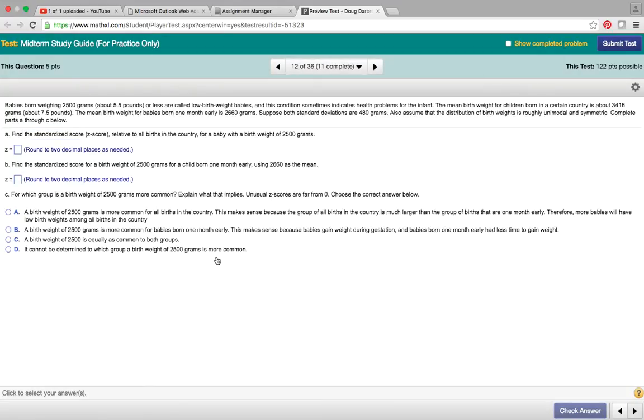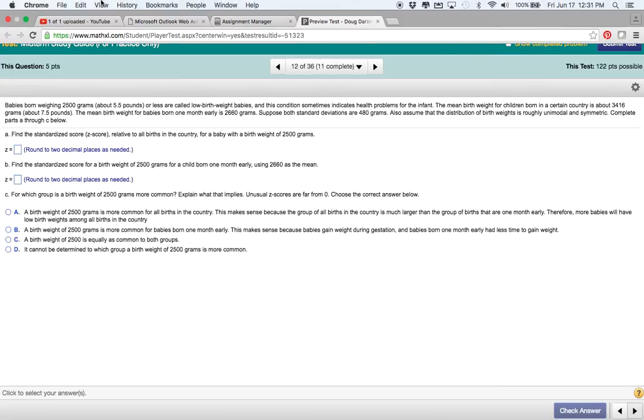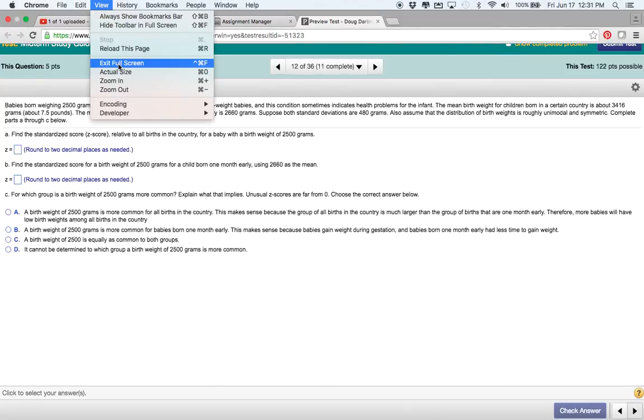So babies born weighing 2,500 grams or less are called low birth weight. The mean weight for a certain country is 3416. So the standard deviation is 480. Find the standard score. So let me go to view.